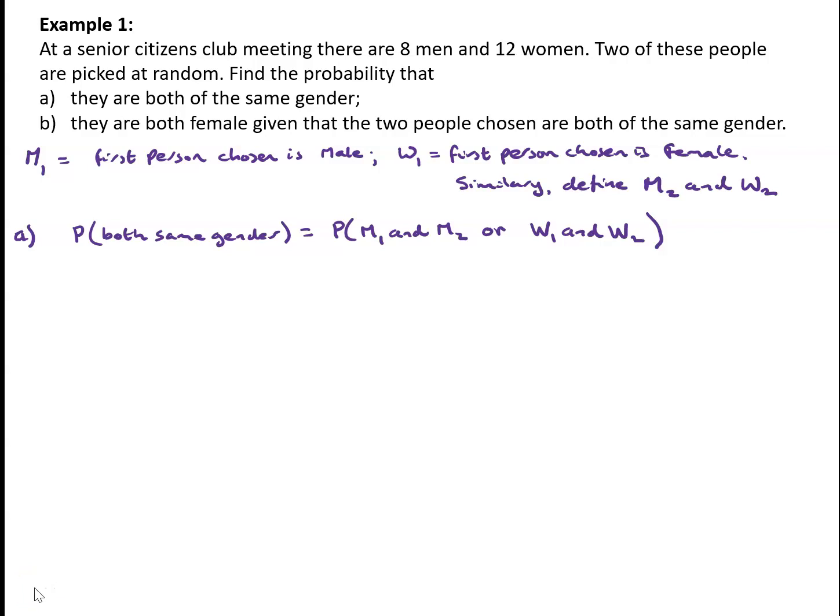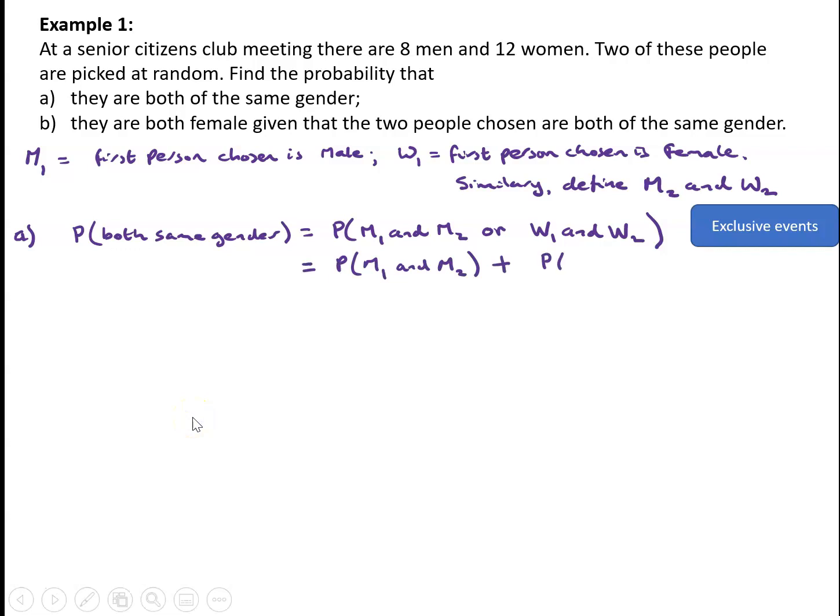Now, getting 2 men and getting 2 women are exclusive events. So we can certainly say the probability that we get 2 men or 2 women is the same thing as the probability that we get 2 men plus the probability that we get 2 women.